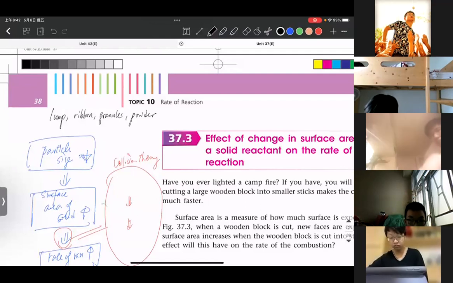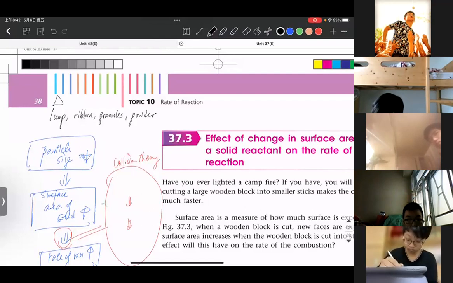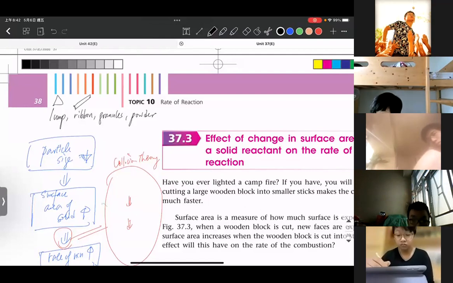Big stones, yeah, good. It seems like a stone, right? Stone-like structure, a lump. Ribbon. What is that? Ribbon. For example, magnesium ribbon, right? Granules. Powder. Now, so those wordings should be highly noted.